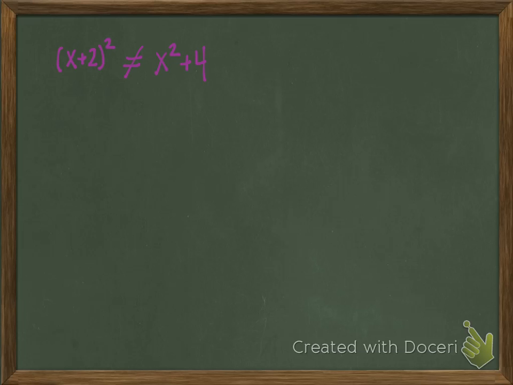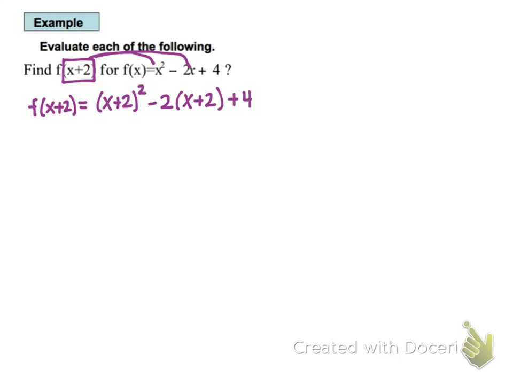Instead, we want to use the distributive property or FOIL or the rectangle to multiply x plus 2 times x plus 2. And when I do that, we're going to get x squared, 2x, 2x, and 4. So that equals x squared plus 4x plus 4. So going back to our example, x plus 2 squared, using that rectangle, is x squared plus 4x plus 4.